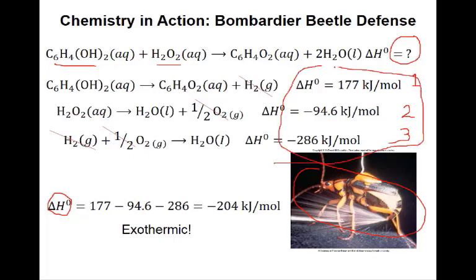We call it delta H1, delta H2, and this is delta H3.